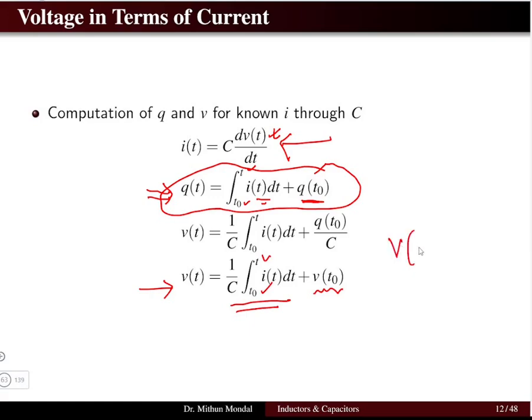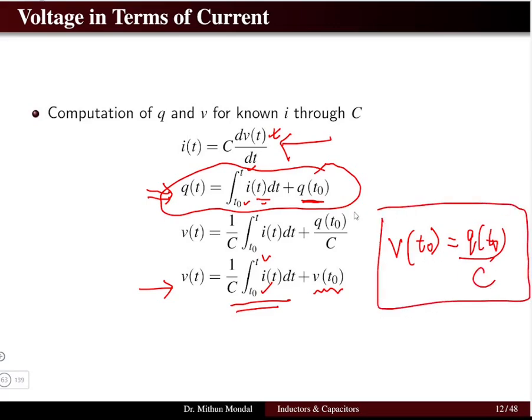The initial voltage at time t0 is equal to the charge at time t0 divided by the capacitance. So we can use the fundamental equation to compute the charge and voltage for a known current.